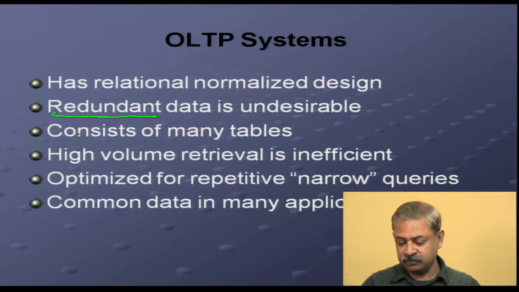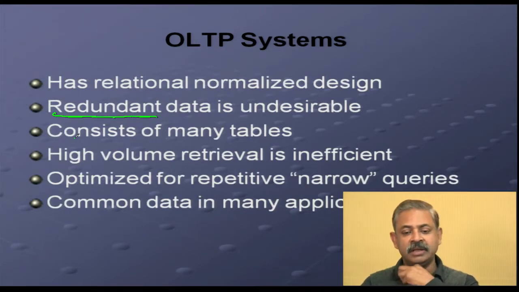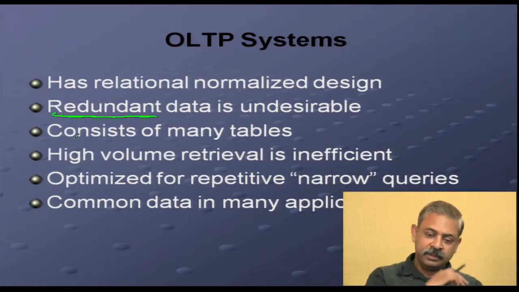They have been designed for narrow queries, like, tell me what is the balance in this particular account. I just input the account number and the balance will be shown. They are optimized for such repetitive queries, and they hold common data used in many applications.